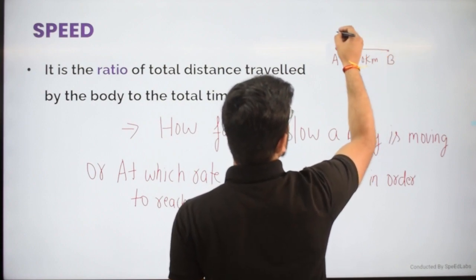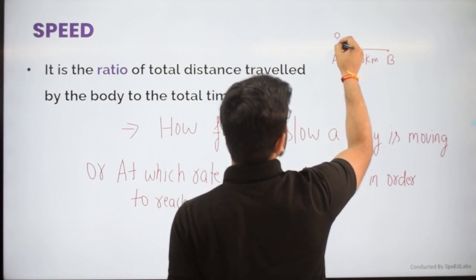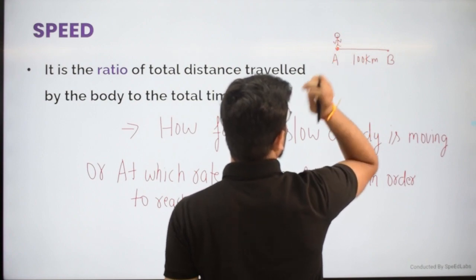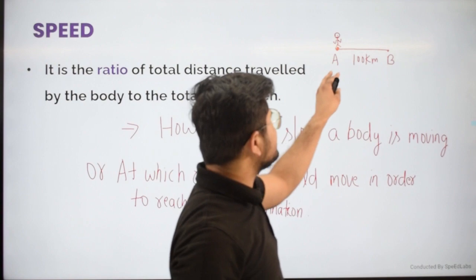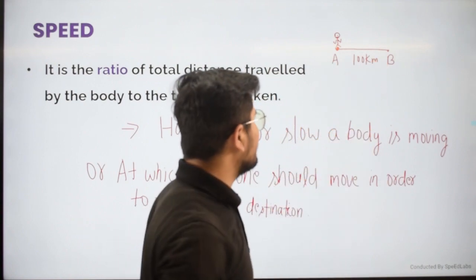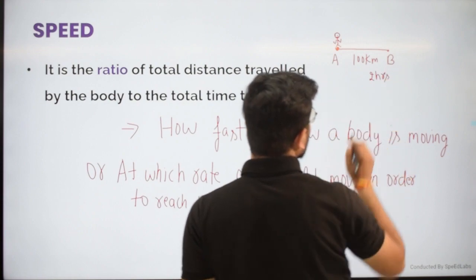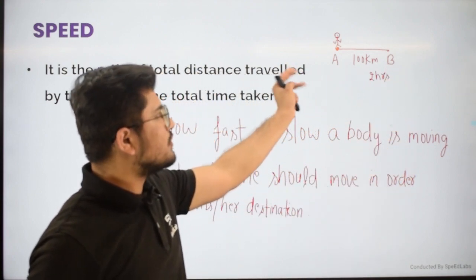Suppose this is a person, and he covered this distance from A to B and took around 2 hours.